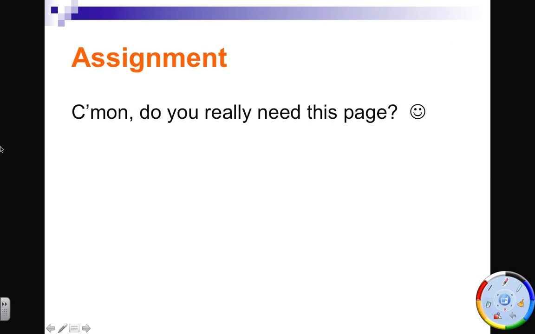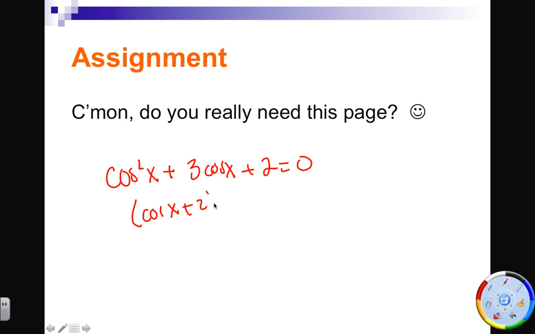All right, so I know I gave you this assignment sheet already. What I do want to talk about is something I could actually factor. Let's say you had something like cosine squared x plus 3 cosine x plus 2 equals 0. Let's say that's something you came up with here using some of your identities. And this factors to cosine x plus 2 and cosine x plus 1.